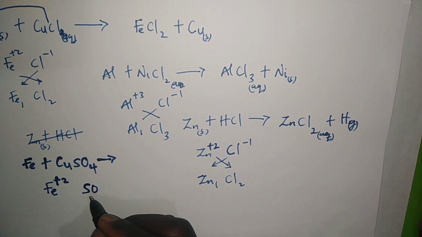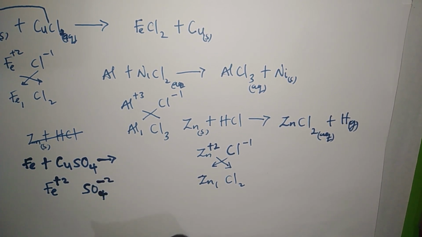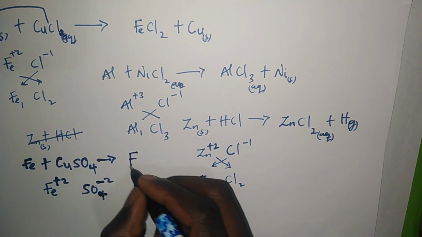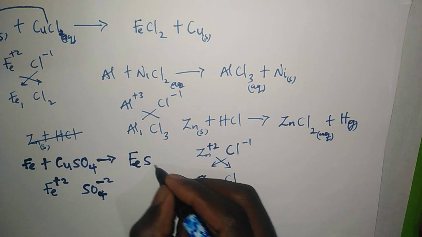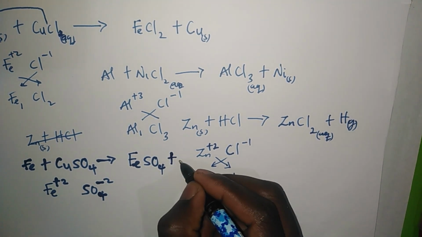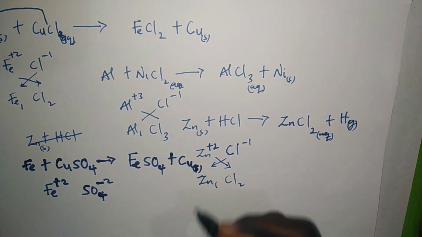Sulfate, because iron is displacing copper, sulfate has a -2 charge. Now, because the charges are the same, irrespective of the difference in their sign, we are going to put a 1-to-1 ratio. So we'll put iron sulfate. Then we'll have plus copper solid. Copper is in solid form, right?